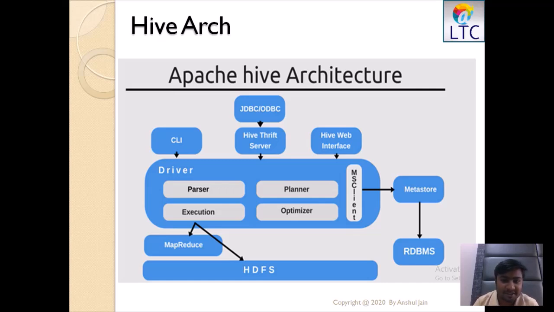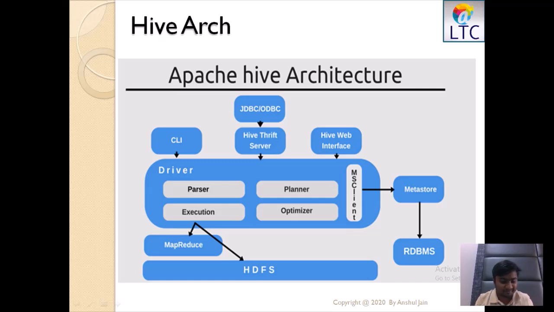In Hive there are two things. One is the Metastore and another is our data. Metastore means all information related to my tables. So I can configure Hive to store all this information in some RDBMS.